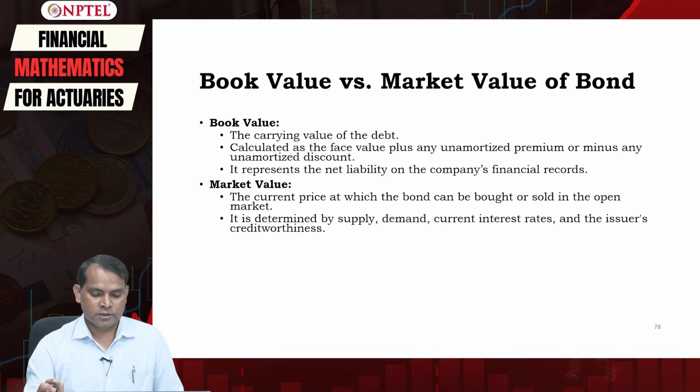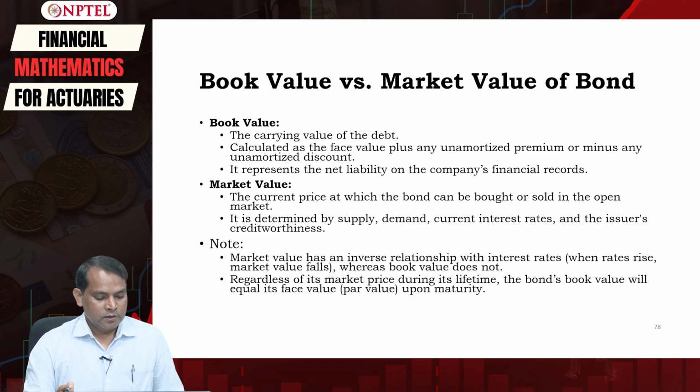It represents the net liability on the company's financial records. On the other hand, the market value is the current market price at which the bond can be bought or sold in the open market. It is determined by supply, demand, the current interest rate and the issuer's creditworthiness. Sometimes the market value and the book value are significantly different.